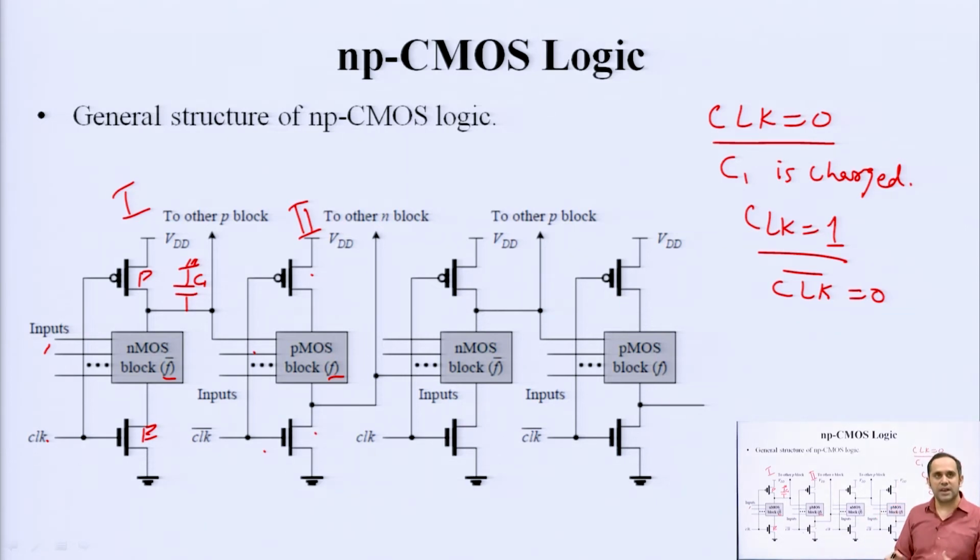In the next cycle, when clock is now 0, clock bar goes 1, this PMOS is disconnected here in the second stage, this NMOS turns on. At this point, depending upon what you have here and the inputs, some output is transmitted. So, the pre-charge and evaluation of each stage is happening alternately.